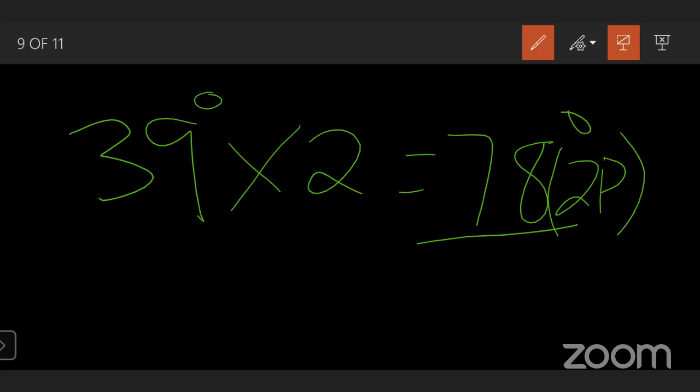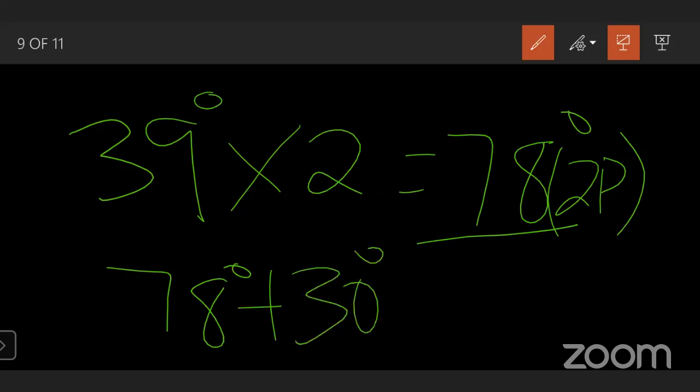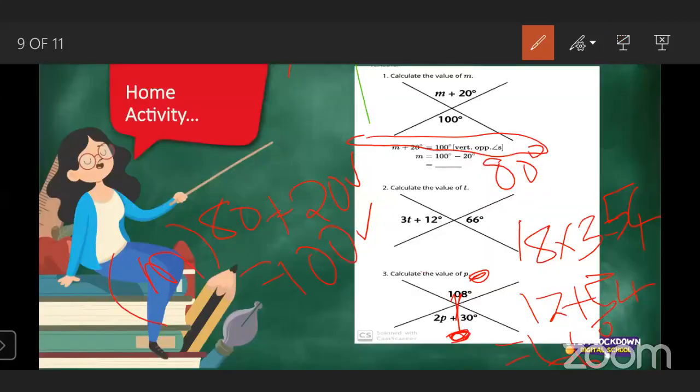And then we'll have 78 degrees plus 30 degrees equals 108 degrees. So it basically means our answer is correct.